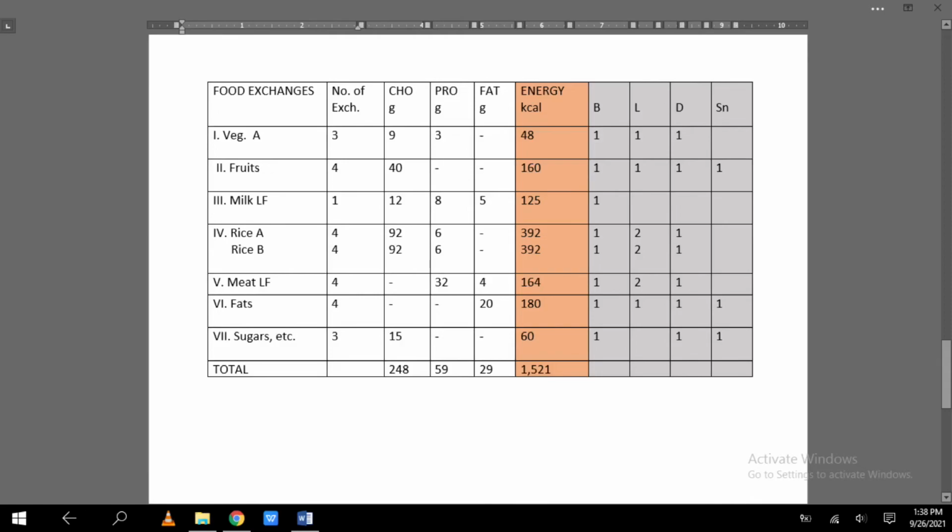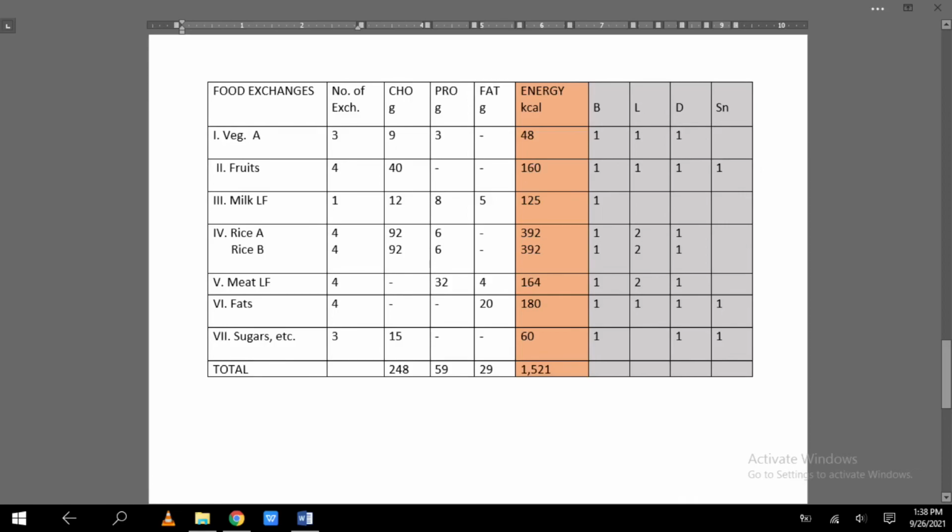So the total of carbohydrates is 248. For proteins is 59. For fats is 29. And the total of energy kcal is 1,521 kcal.